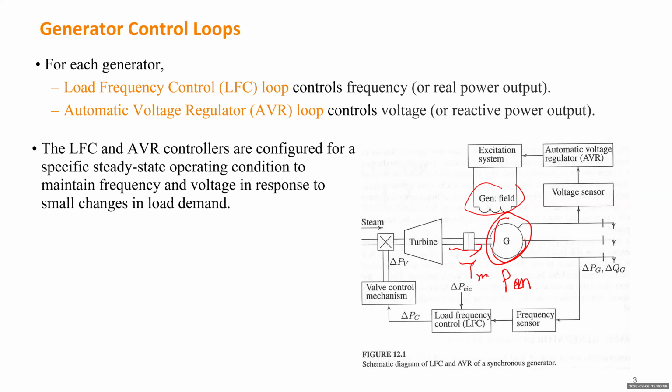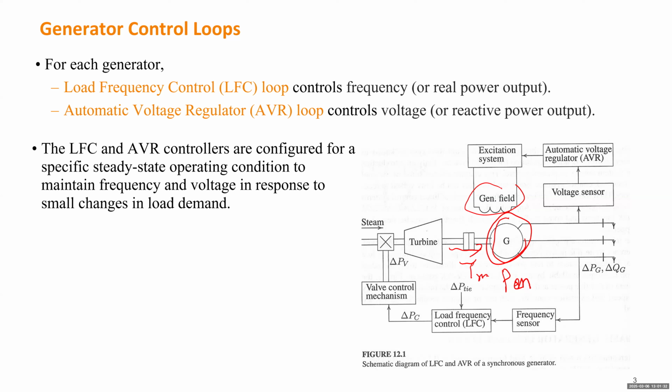Those two loops are usually configured for specific steady-state conditions, which means if the steady condition changes, their settings may also need to be updated for the best performance. Their purpose is mainly to mitigate or reduce the variation of frequency or voltage near the equilibrium point, or near the steady condition.